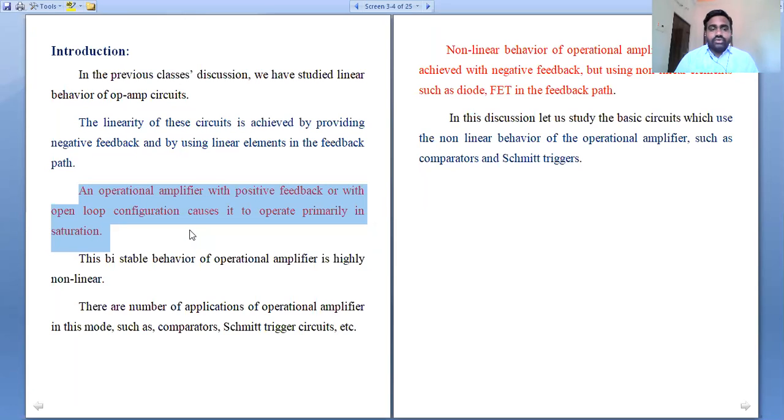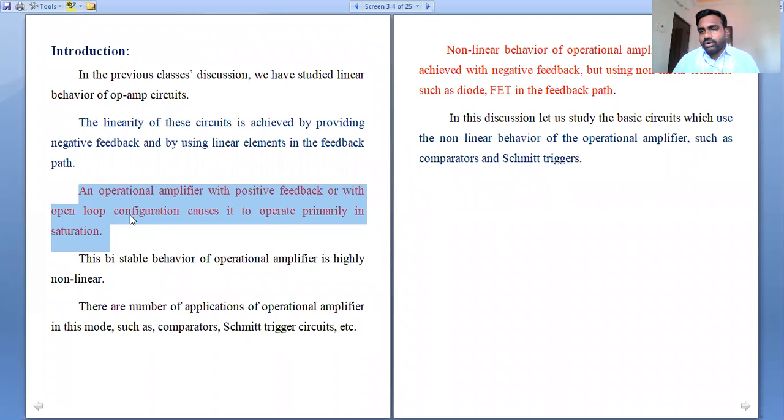What is the difference between negative feedback and open loop configuration? Negative feedback limits the infinite gain and improves the stability of the system. But in positive feedback or open loop configuration, the gain value is infinite, and we reach a saturation point of the gain value.